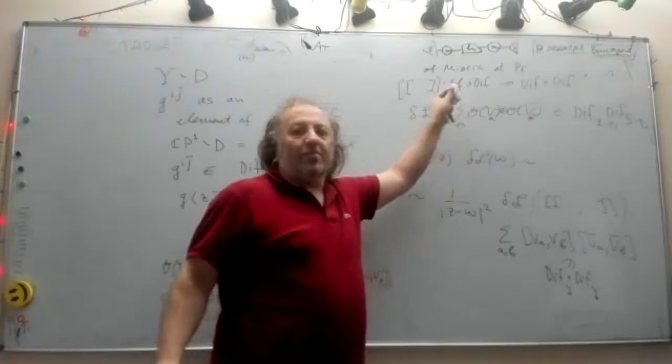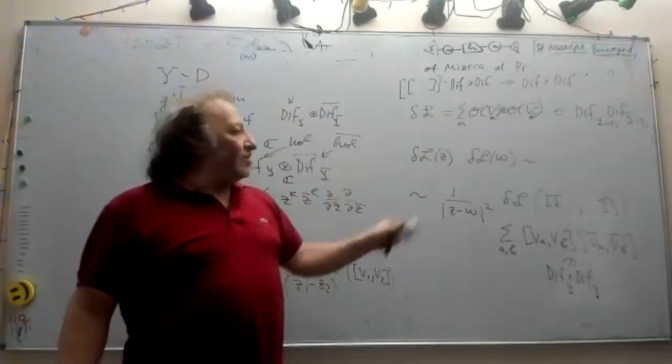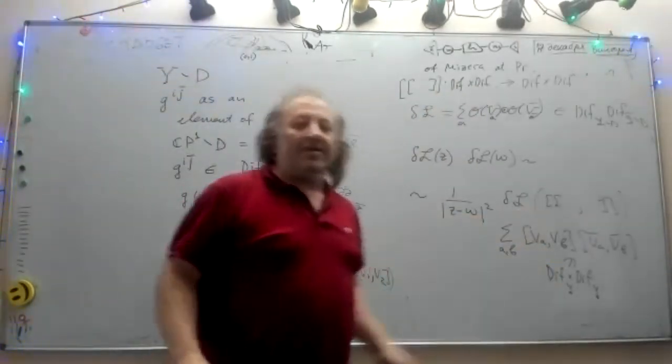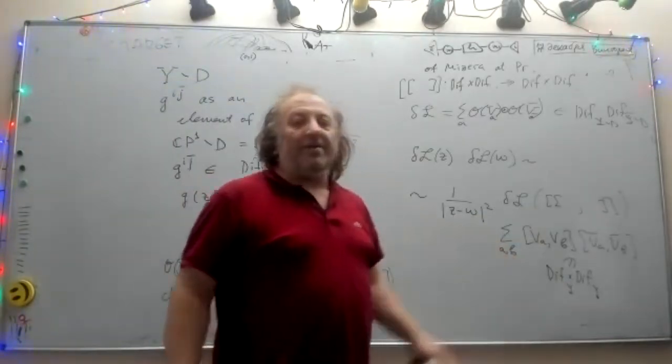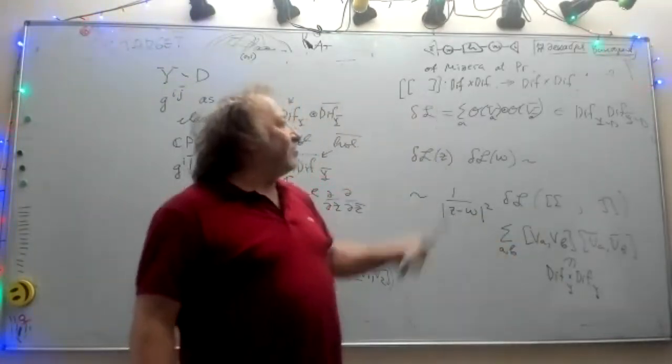So you decompose as a product and you take bracket in each of the arguments, and that's it. So this is how it's written in the basis, and this is the general thing.